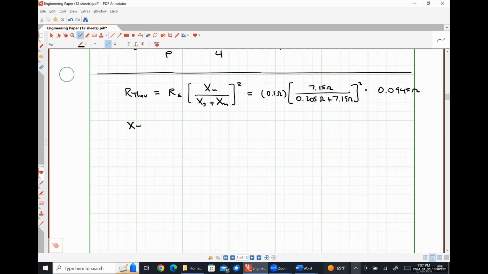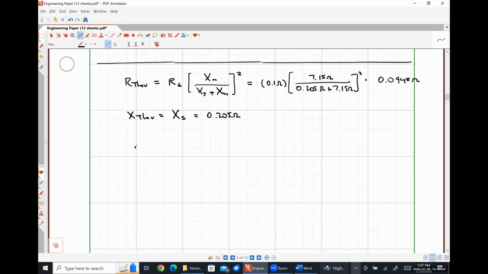And then XThev is just XS, which is 0.205 ohms.